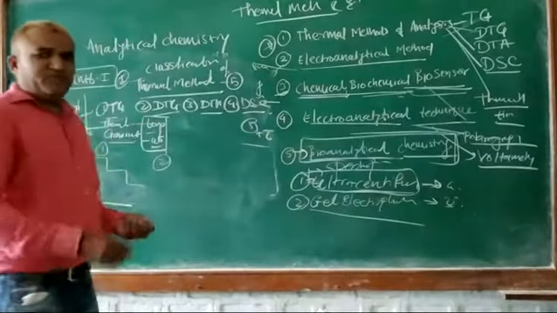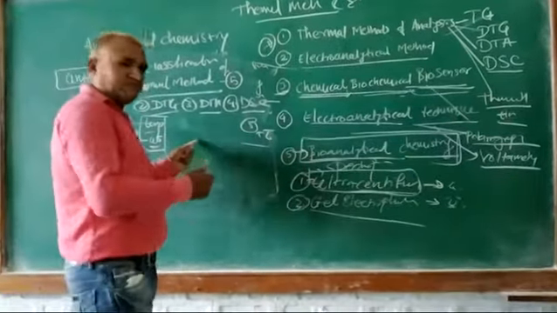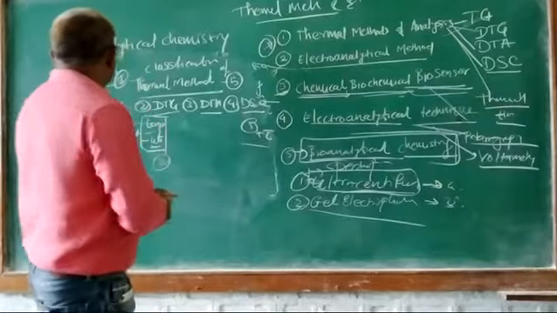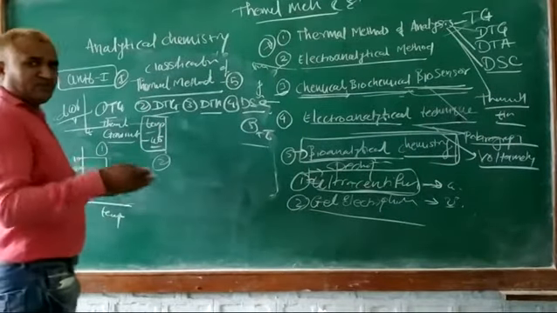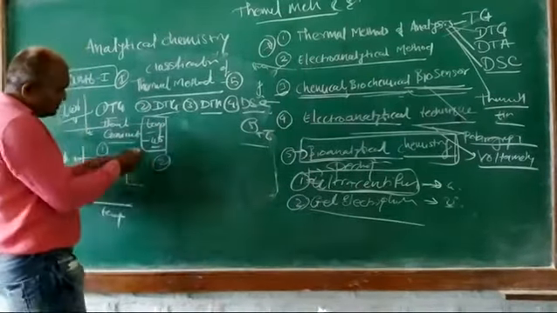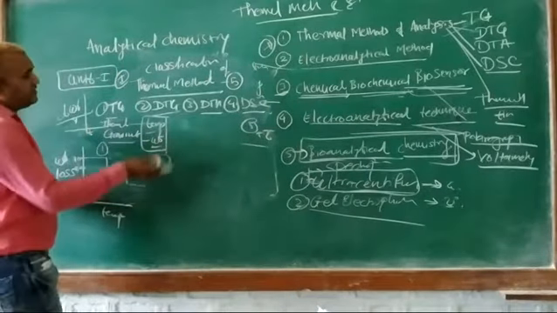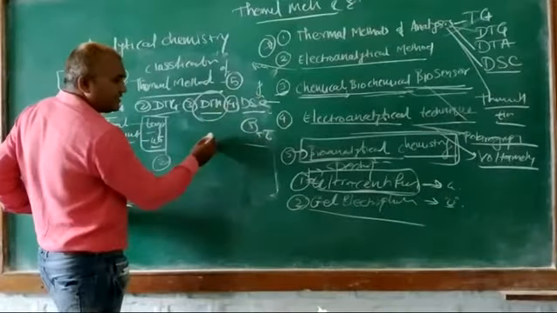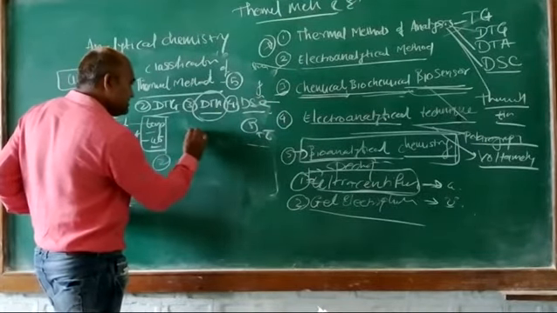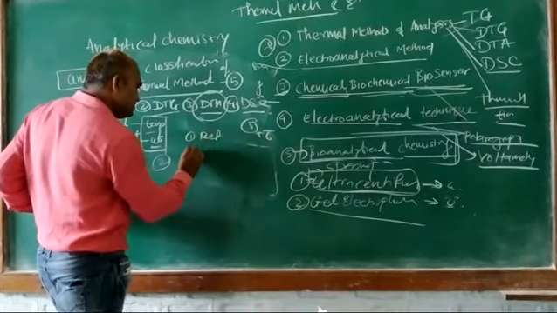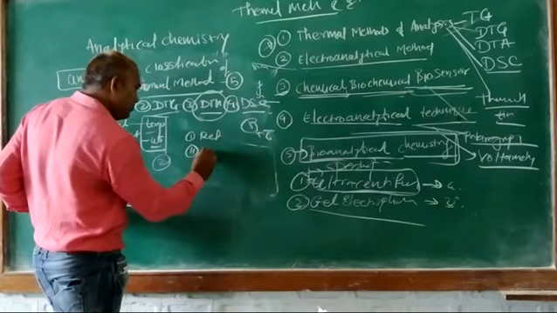In DTA, we heat the sample along with a reference sample. In TG, we heat only one sample and check its weight loss with respect to temperature. In DTA, there are two samples: one is the reference sample and the second is our sample.